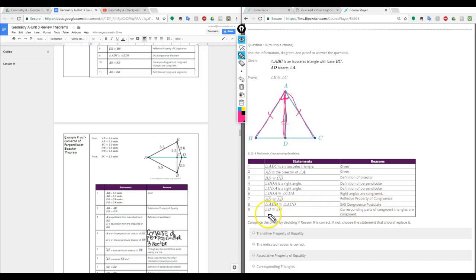And then it says angle B is congruent to angle C. Corresponding parts of congruent triangles are congruent.